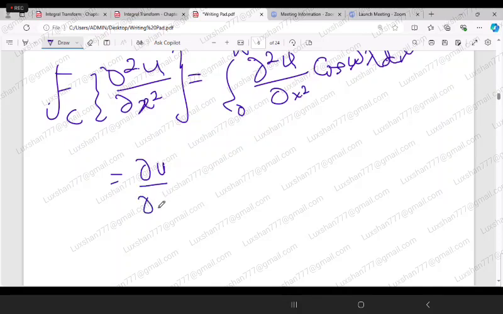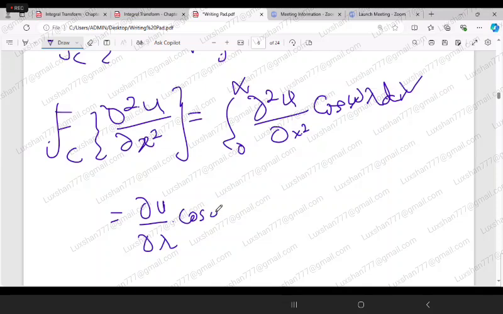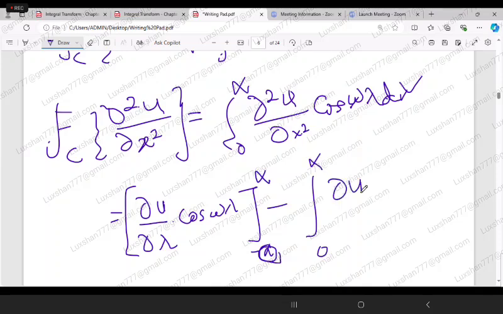∂u/∂λ into cos(ωλ) from 0 to infinity, minus integration 0 to infinity of ∂u/∂λ and the differentiation of this one is minus omega sine(ωλ) dλ.